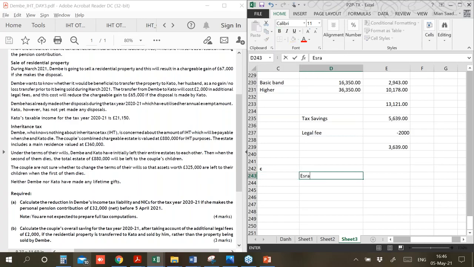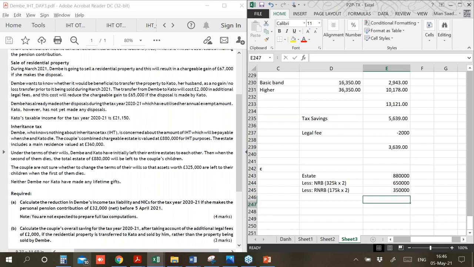Total estate 880,000, less NRB, 325K times 2, less RNRB, that is 175 times 2, that I know is 350, and that is 650.